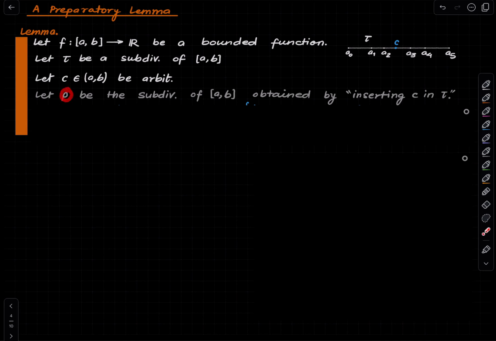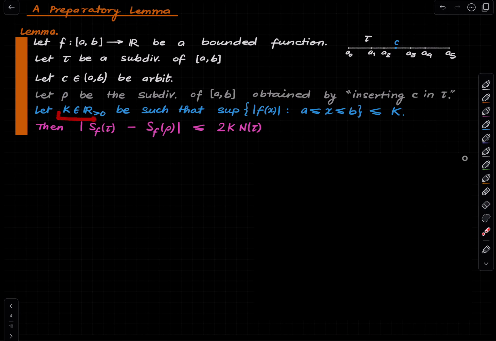Rho is another subdivision which is obtained by inserting the point c in tau. So we have the subdivision tau, but we define a subdivision rho where you have all the points of tau, but you have this extra point. So that's a subdivision of the domain of f. Rho is a finer subdivision. It has an extra point.